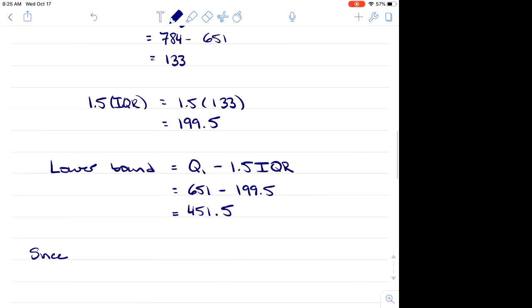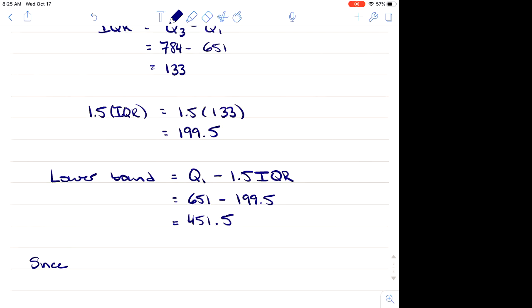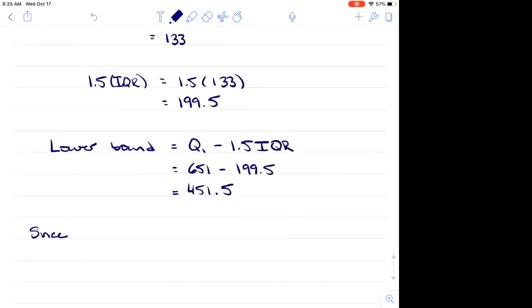That's your 1.5 times the interquartile range. It's a predetermined length that's been decided on to say that anything beyond that from the first and the third quartile is going to be considered an outlier. So that's why it's called the 1.5 IQR rule.